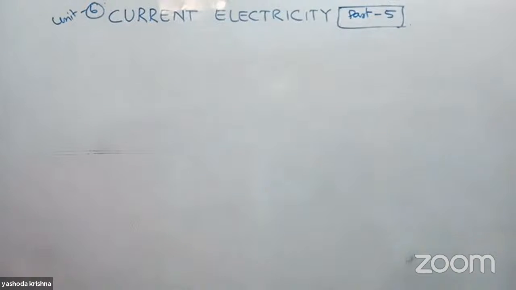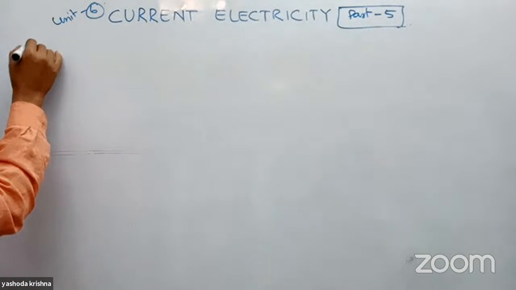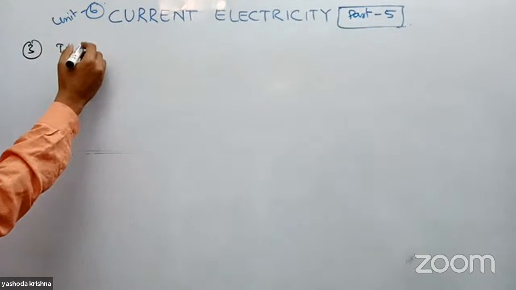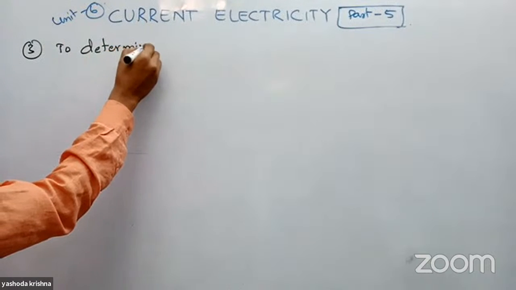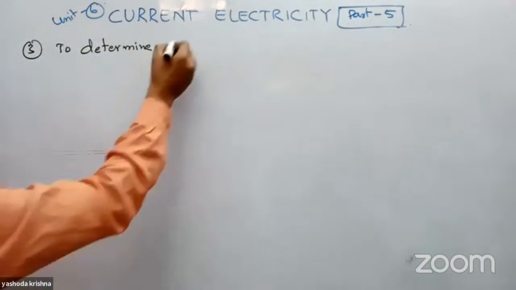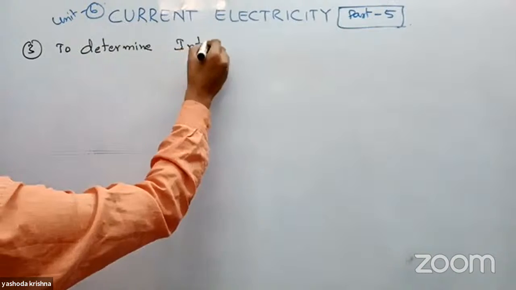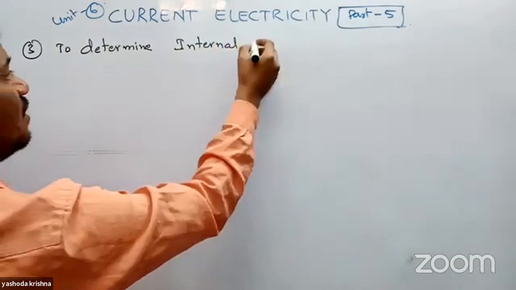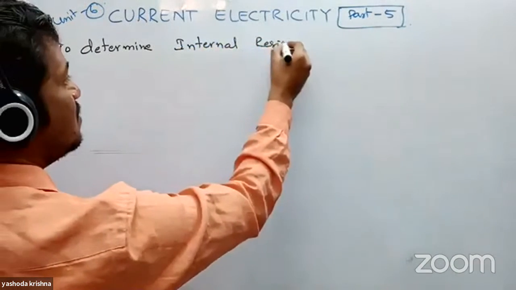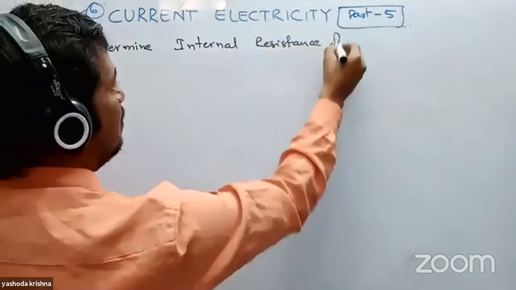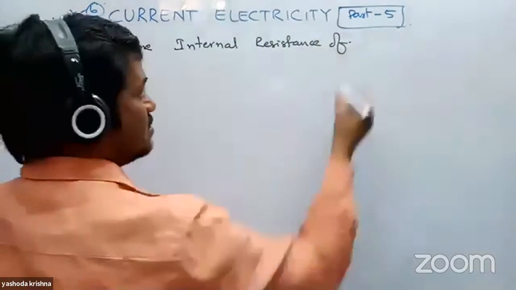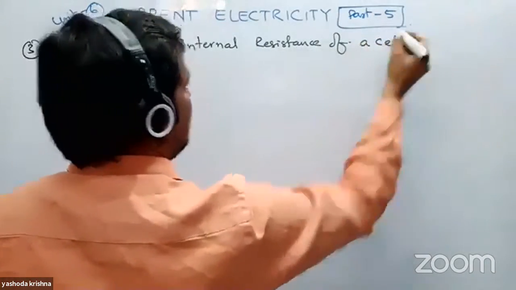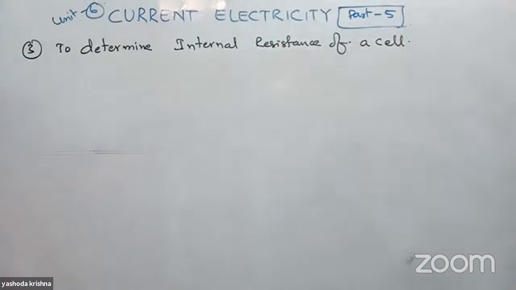Third use of potentiometer: to determine the internal resistance of a cell. Okay, how to determine the internal resistance of a cell?